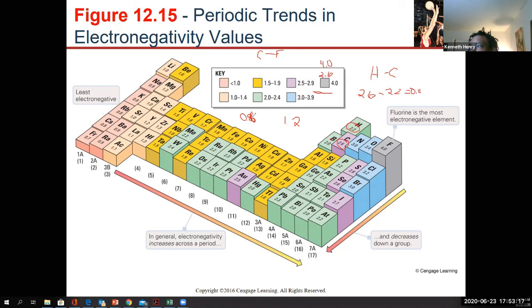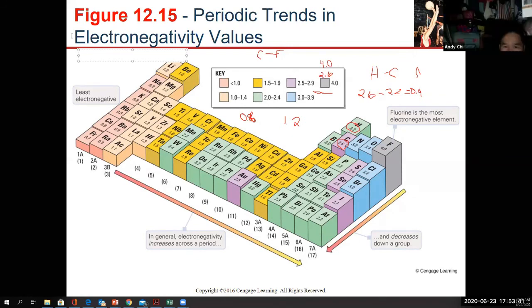Is that less than 0.6? Yes. So if it's less than 0.6, it's going to be even sharing. Now again, these are arbitrary numbers, and the table is pretty much consistent, but different textbooks explain it different ways, and you'll see that.